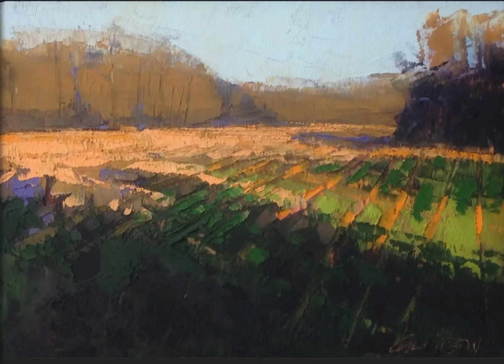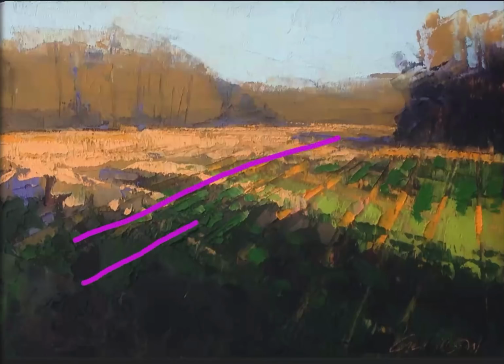So linear perspective is really, really powerful. Diagonal lines are really, really powerful. You can see that there's some linear perspective diagonal lines that play a strong role in this painting. You can see them right here as they swoop back all the way from the foreground to that middle ground spot that is the focal point.